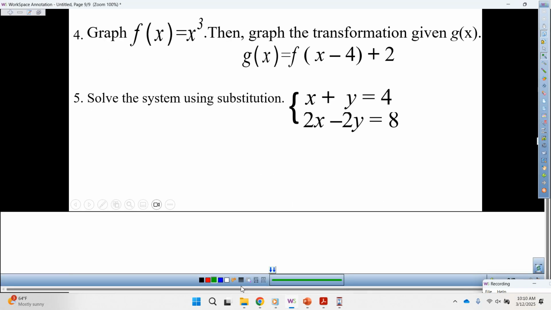For number 4, once again, the parent function looks like this with our 5 points. However, this transformation is going to take it where? Tell your neighbor. Then we're going to have Joseph enlighten us. Where are we going to move that parent function?